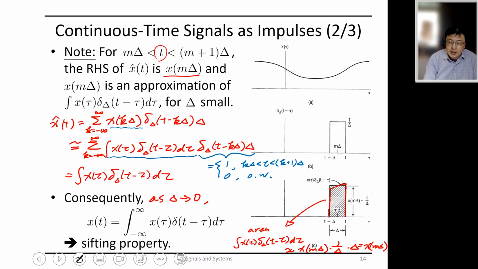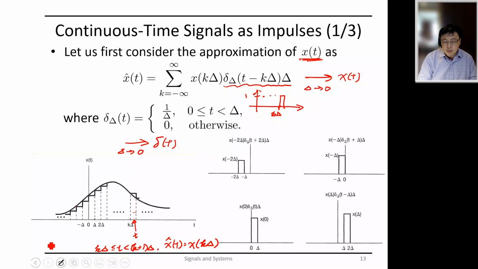We know that this left-hand side converges to x of t, and that the right-hand side, because this very short pulse converges to a delta function, converges to the integral of x of tau times the delta function, delta of t minus tau d tau. Therefore, we get this equation here, which is basically the equivalent of the shifting property in the continuous time case.